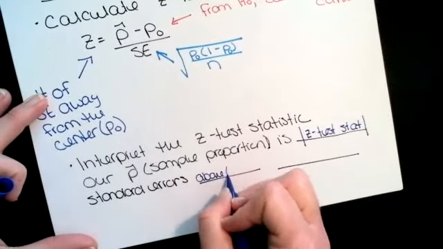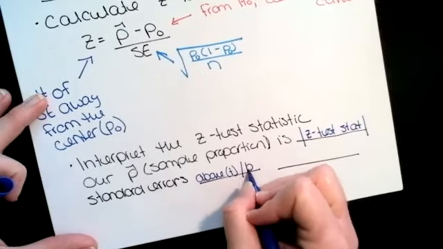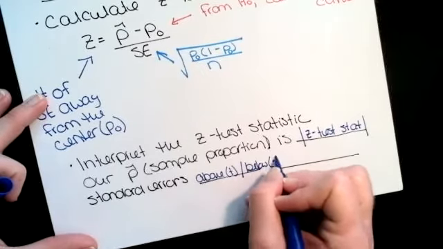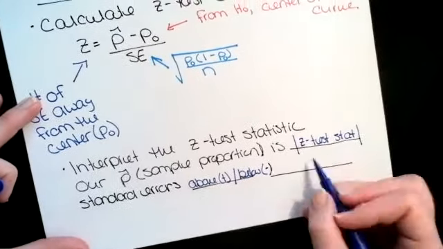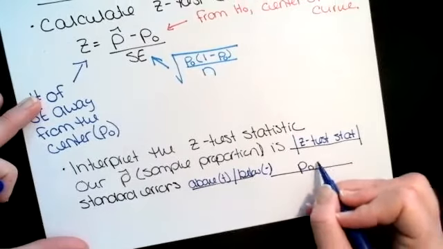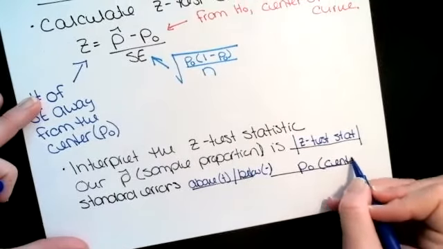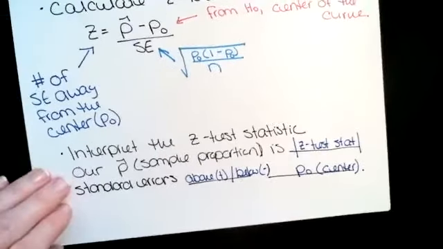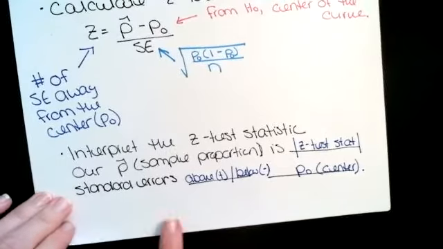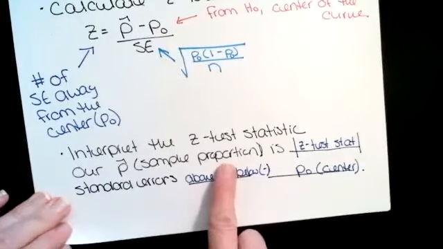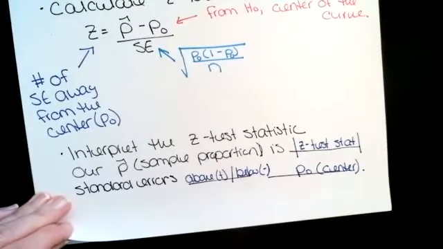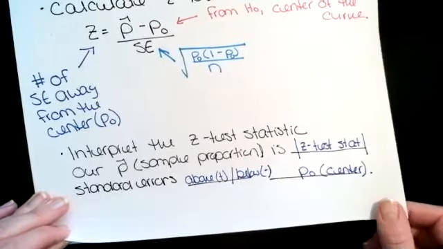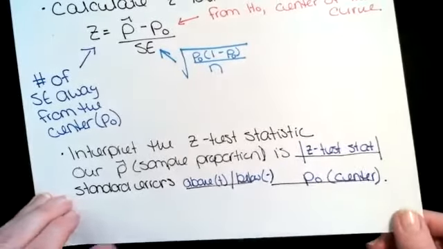Above, again, meaning it's positive, below, meaning it's negative, my center, which is p naught. Okay. So that's my interpretation. So you'll notice it's exactly the same thing as the numerical, except for I use p hat or proportion, and the center is not mu naught, it's p naught. Okay, so very similar.